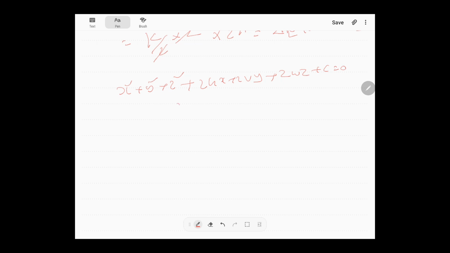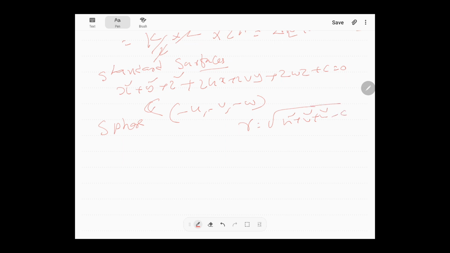This is a sphere with center minus u, minus v, minus w, and radius root over u square plus v square plus w square minus c.